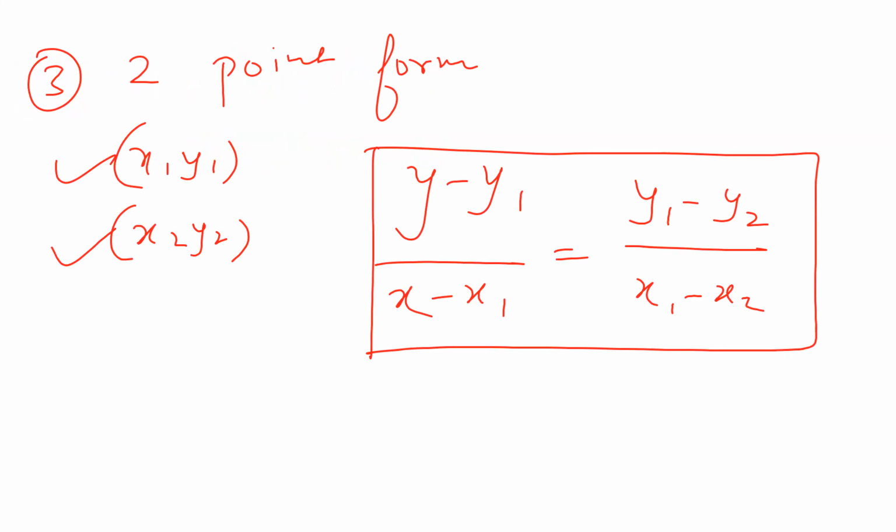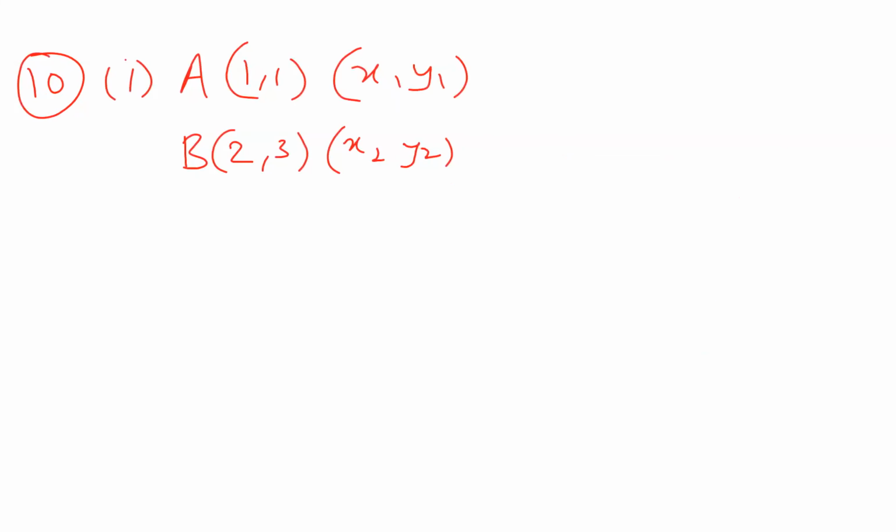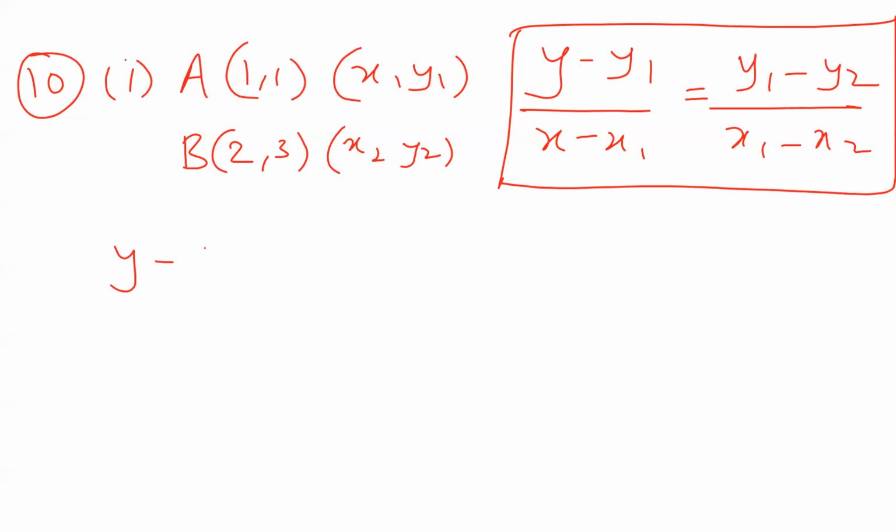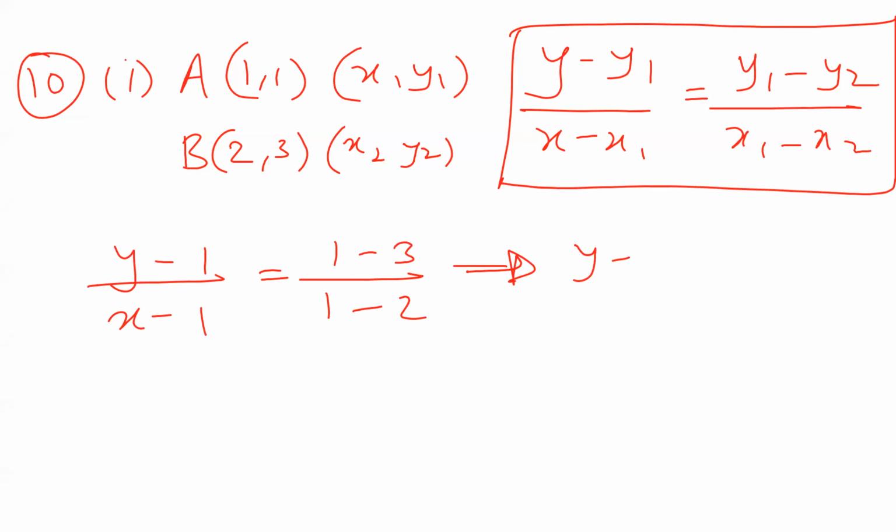So y minus y1 upon x minus x1 is equal to y1 minus y2 upon x1 minus x2. So y minus 1 upon x minus 1 is equal to y1 minus y2 upon x1 minus x2. So this implies y minus 1 upon x minus 1 is equal to minus 2 upon minus 1, which is equal to 2.